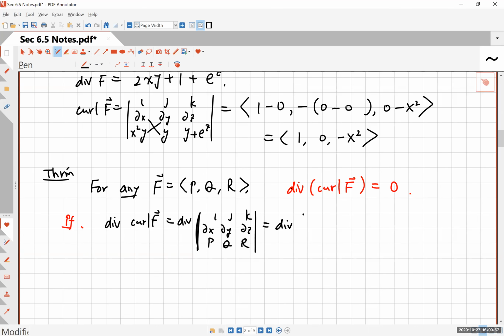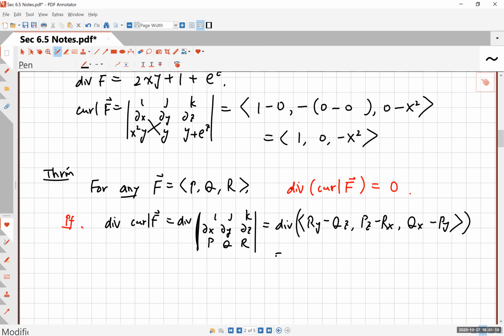It's the divergence of this vector field, which is Ry minus Qz, then Pz minus Rx, or the negative of Rx minus Pz, and then the last one is Qx minus Py. This is just the definition of the curl.